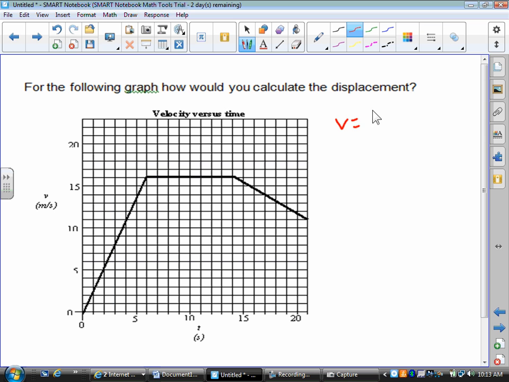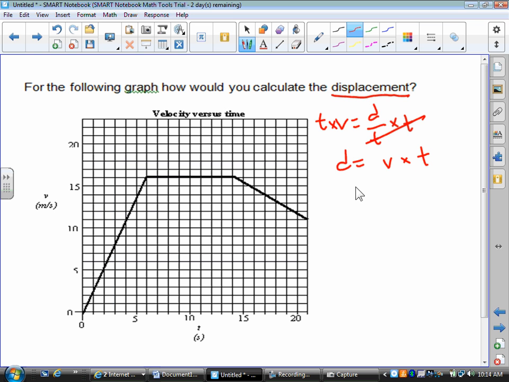The velocity of an object is equal to its distance over time, right? So if I wanted to know the displacement of something, what would I do with the velocity and time? Well, I'd multiply both sides by t, and then this would cancel, and you end up with distance equals velocity times time, right? Is everybody okay with that?